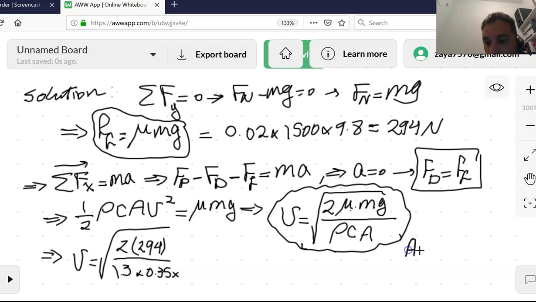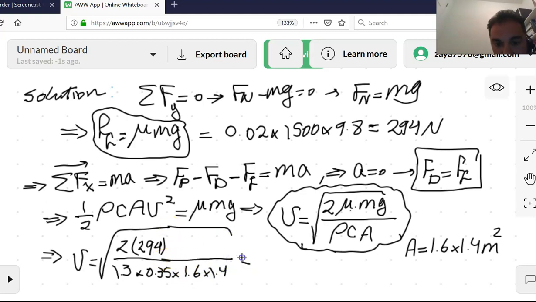Area is 1.6 times 1.4, in square meters. So let's do the calculation: 2 times 294 divided by 1.3 divided by 0.35 divided by 1.6 divided by 1.4, then take the square root of the answer, and it comes to 24 meters per second, 24.01.